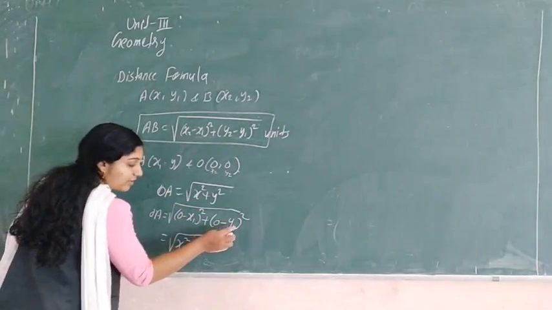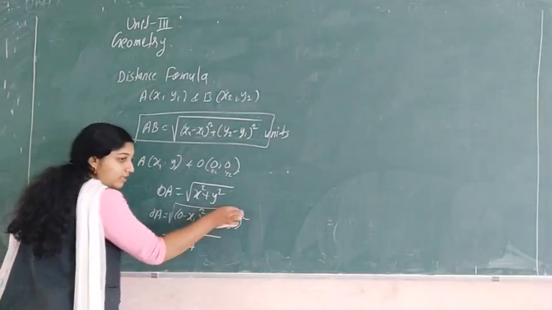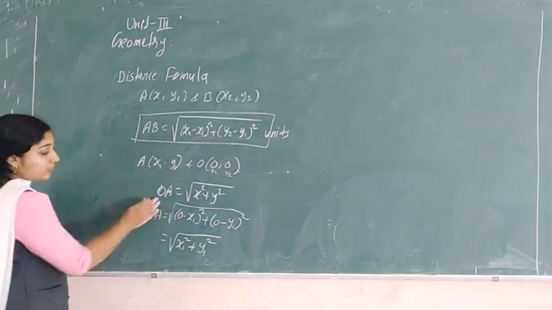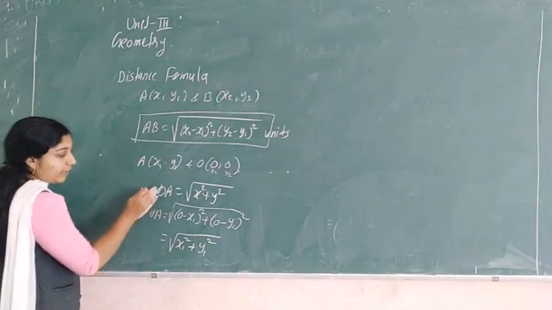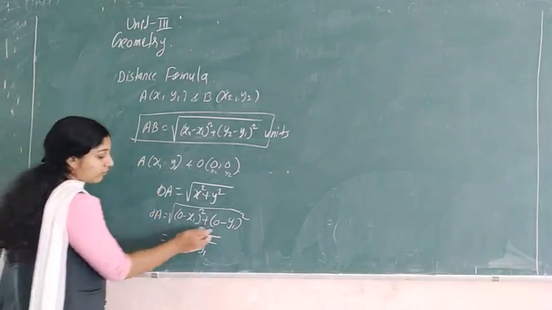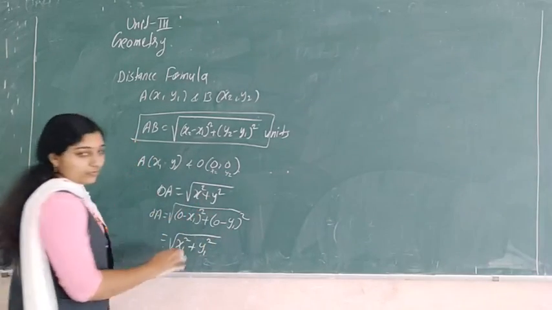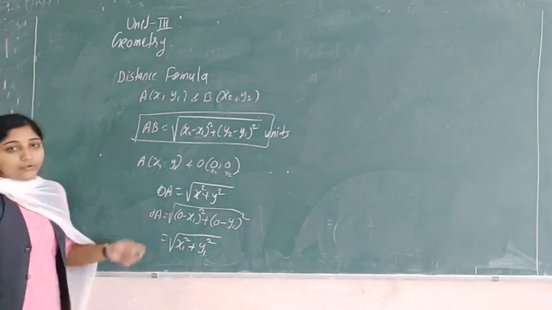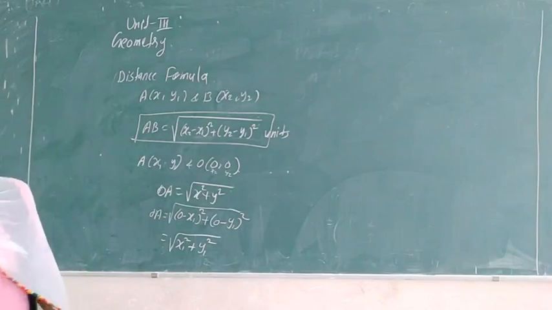Similarly, 0 minus y1 is minus y1, and minus y1 whole square is y1 square. So the distance of any point from the origin is the square root of x square plus y square, or x1 square plus y1 square. Remember these two formulas. They can ask a question for 2 marks.